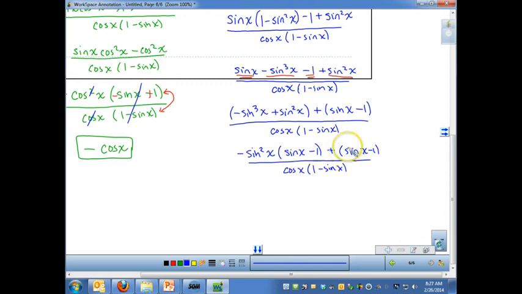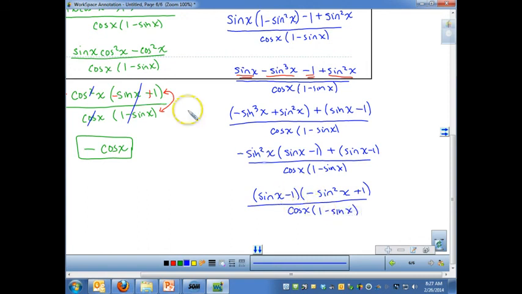So now, we're factoring by grouping. So factor out the sine of x minus 1 times negative sine squared of x plus 1, all over cosine of x times 1 minus sine of x.